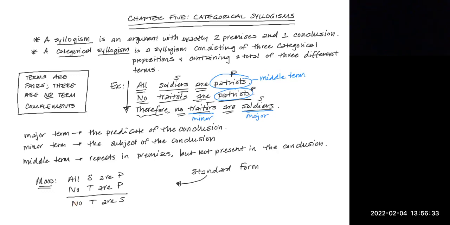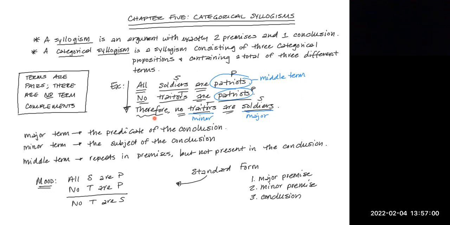So it has to be major premise, then minor premise, then conclusion. So it's very important from the beginning to identify the conclusion. It's easy here because there's a therefore, no real mystery there. In other examples, it will be more difficult.